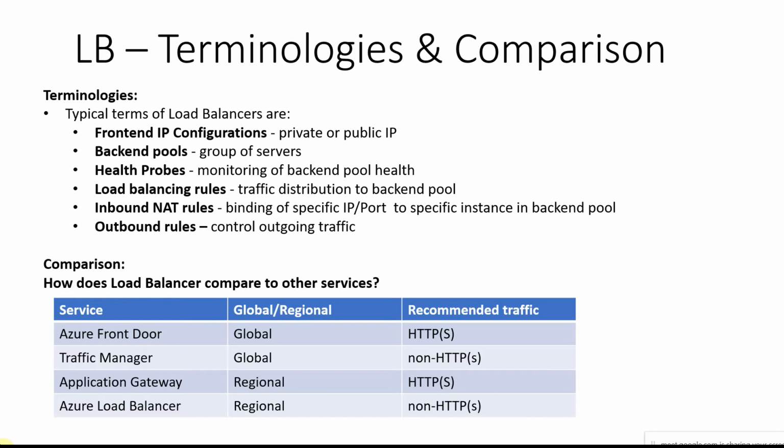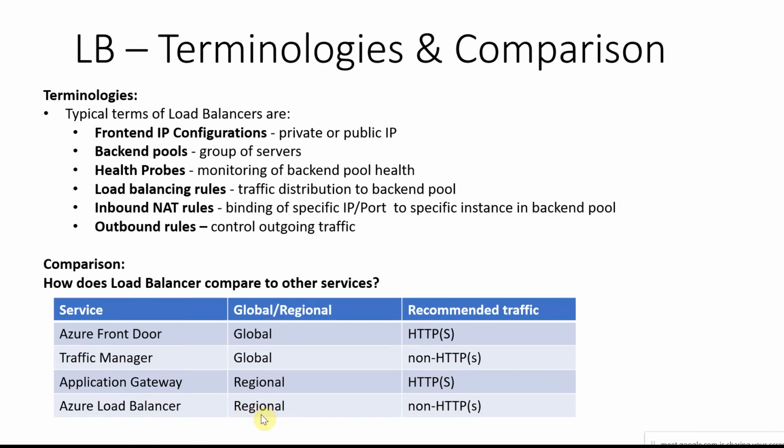What we're discussing is the last one, the Azure load balancer, which is regional level, meaning a load balancer can be used within a region, not global. Multi-region support is not there in load balancer. If you're looking for global, there's another product. So the load balancer scope is regional, and the traffic it supports is non-HTTPS, which is primarily TCP and UDP. That is the category where Azure load balancer fits.